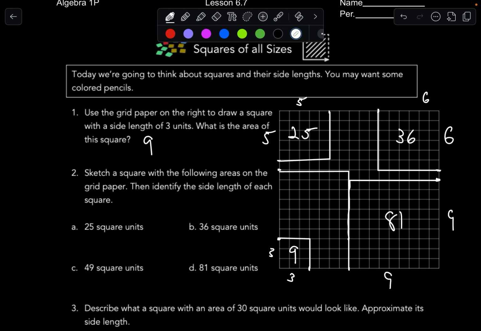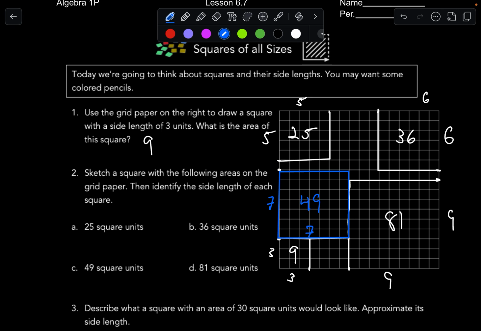So let me use a different color so you can discern. This blue is a square that has an area of 49 square units. Notice that this is a 7 by 7 square.